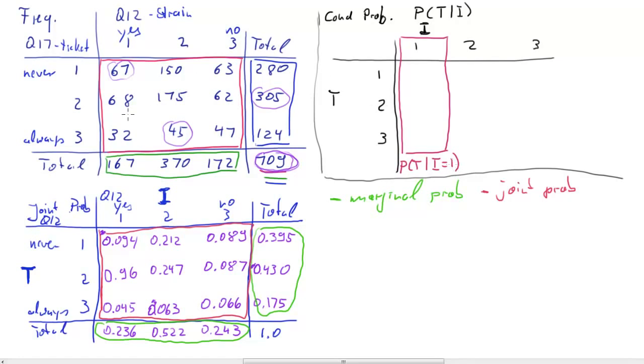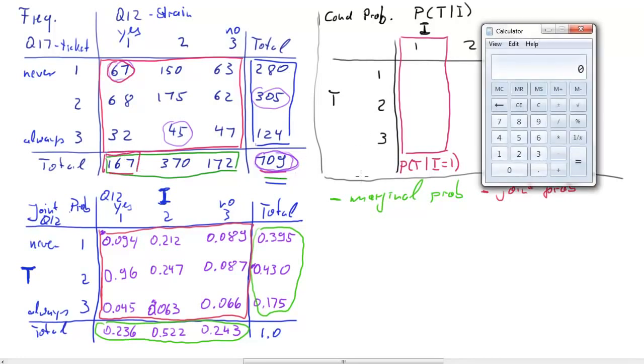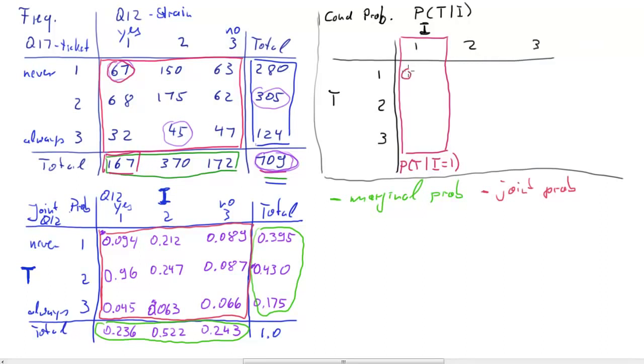So how do we start? The first outcome for t is 1. And given that I is 1, we have 67 outcomes. Now we have altogether 167 students which responded 1 for the question I, for yes, there's a strain on the welfare system. So our conditional probability is now 67 divided by 167.